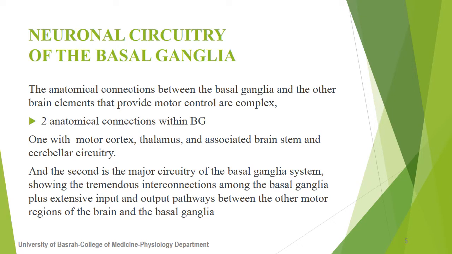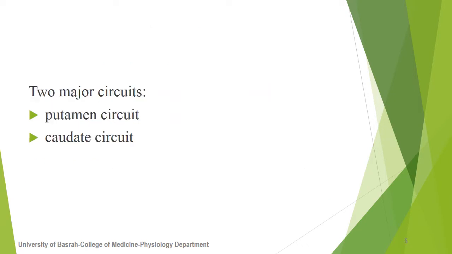So in this lecture we will focus on the second type of neuronal circuit, where the basal ganglia is the major part, with the cortex, forming this circuit or neuronal pathway. Of course, we have many circuits even within the basal ganglia between different nuclei, but we will focus on two major circuits.